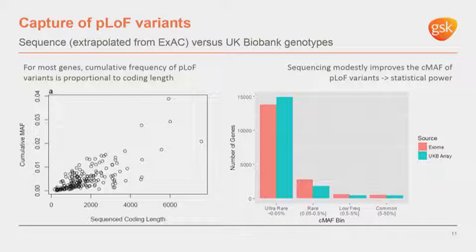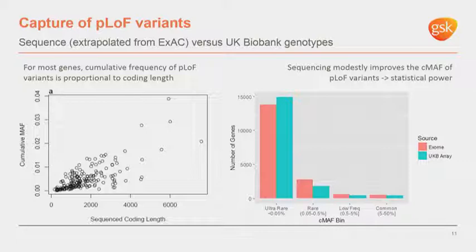What you might immediately recognize, as we showed here on the left-hand side, is that cumulative minor allele frequency of loss of functions is going to be proportional to some degree to the length of the coding region of the gene, because the longer it is, the more opportunities there are for mutation to arise that knocks out the function of that gene. So that's number one. You're going to have much more statistical power to test for the effect of loss of functions for very large genes, large coding regions, than with small coding regions.